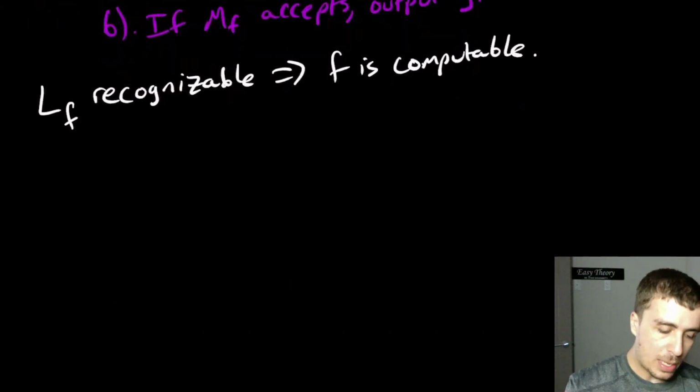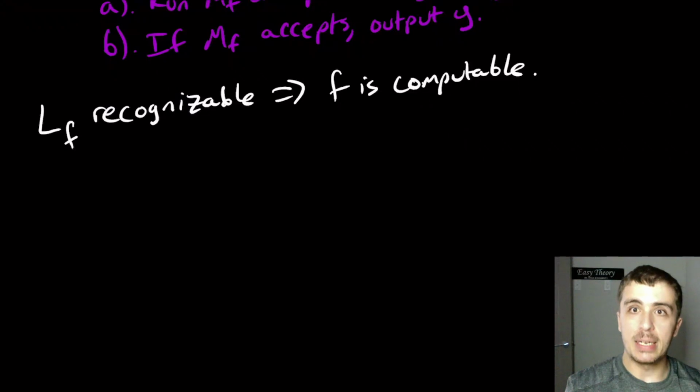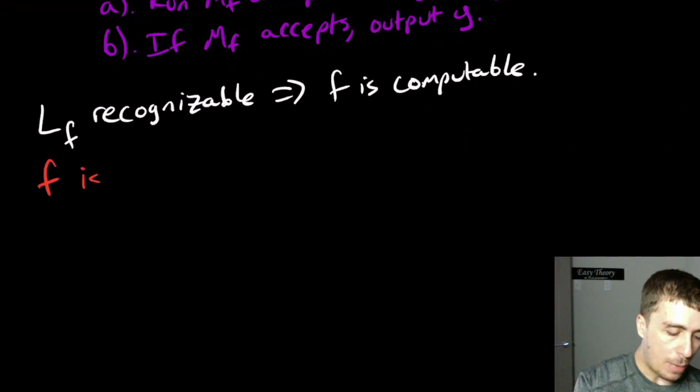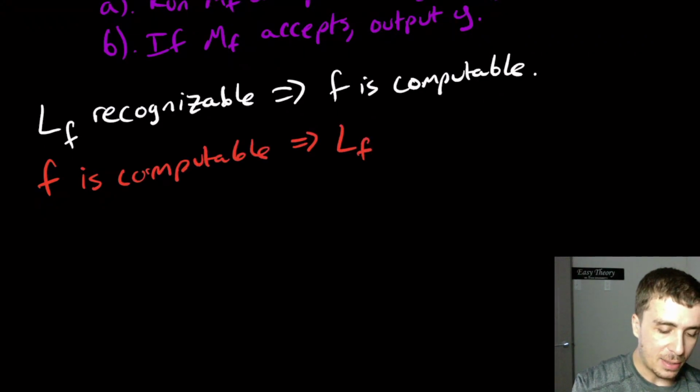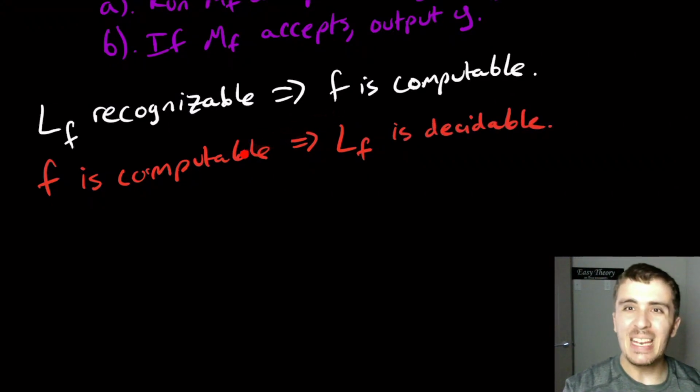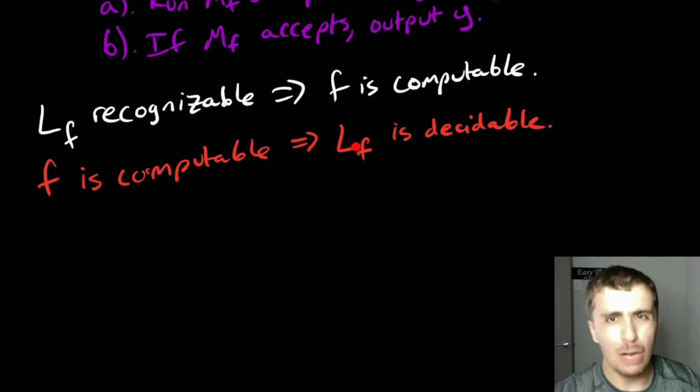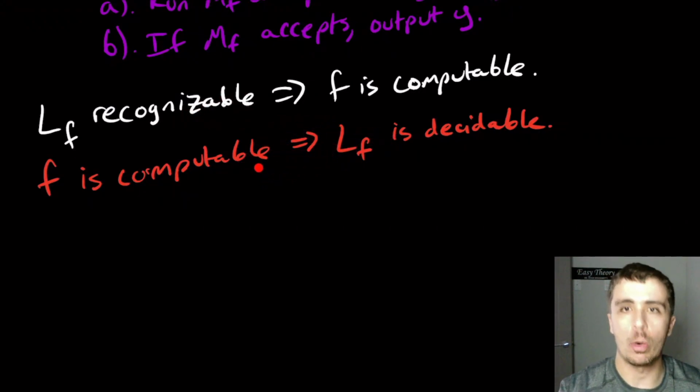So what we can piece together from this is that if L sub f is recognizable, that implies that f is computable. And if we have the other way around, f is computable, then that implies that the language L sub f is decidable. Okay, so it's kind of an asymmetry here. It's not like an if and only if. It's close to an if and only if, but it's not quite there.